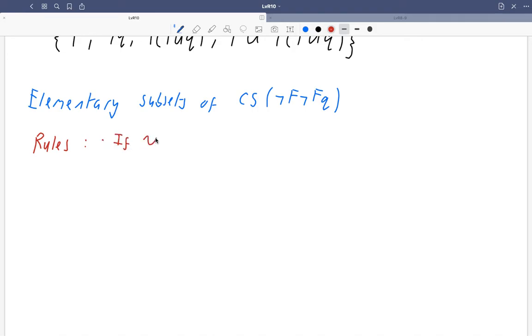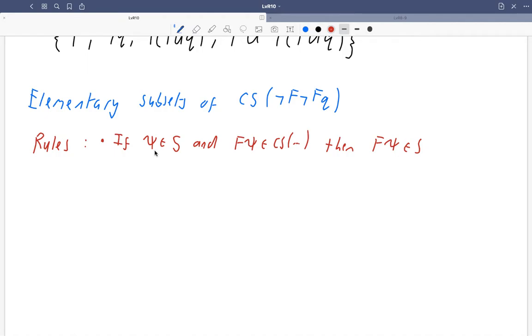if psi is in a set S that we're trying to see if it's elementary or not, and F psi is in the complemented subformulas of the formula we're considering, then F psi also belongs to S. Because if psi is true now, then it's vacuously true that it's true in the future.